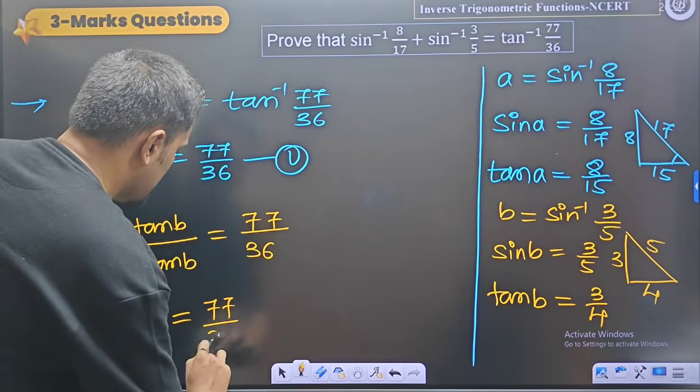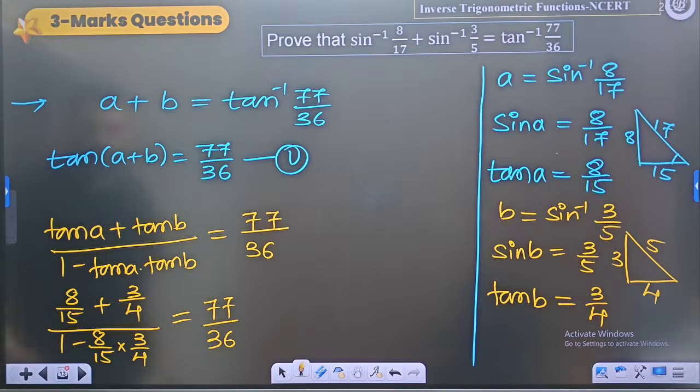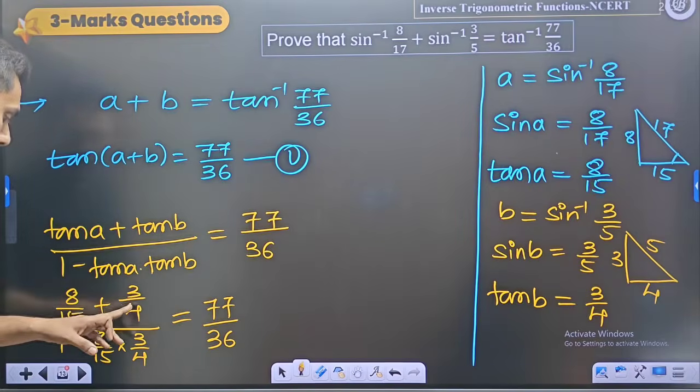That is equals to 7 by 36. 15 fours are 60.